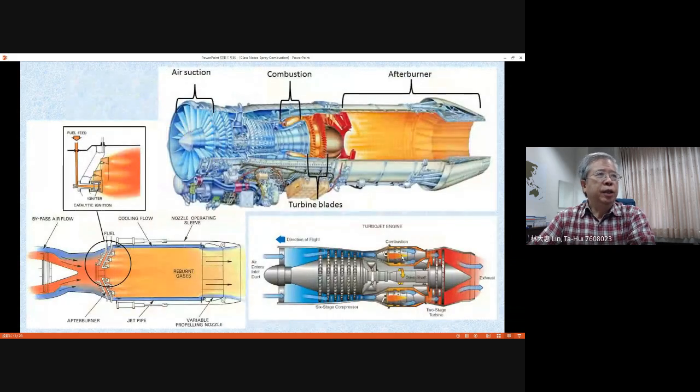Then you go back to see the overall structure of the gas turbine used for aircraft. You can have spray combustion in the combustion chamber, and later on you will have a spray flame in the afterburner. For the afterburner, you can see very intense burning exists in this region. You wish to have more efficient premixing together.